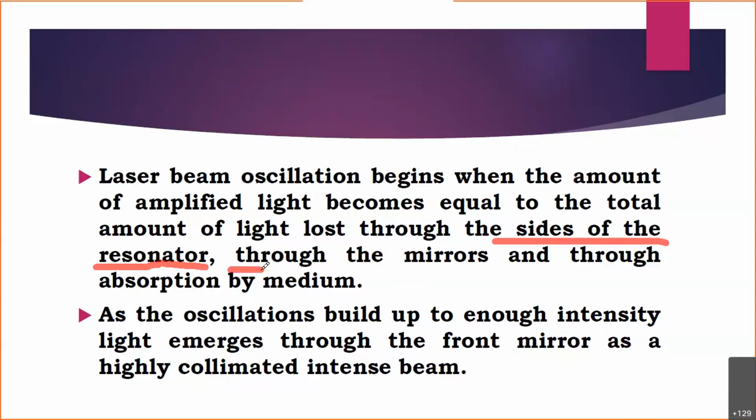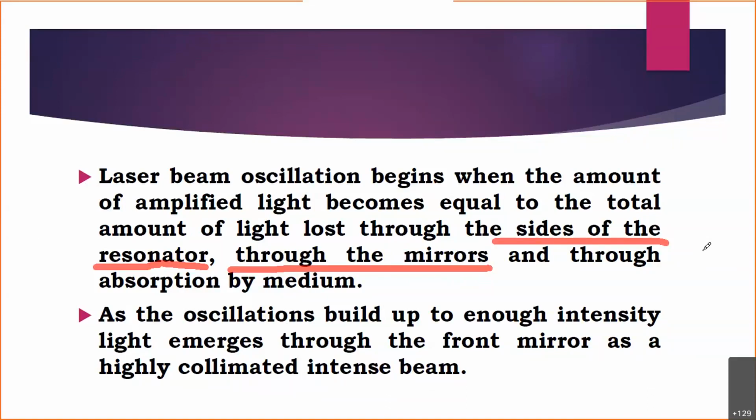Second is through the mirrors. In the beginning, I told you that there are two mirrors facing each other. One is 100% reflecting and the second is 90 to 95% reflecting. This is the theoretical consideration. But in practical, real life, nothing is 100%.